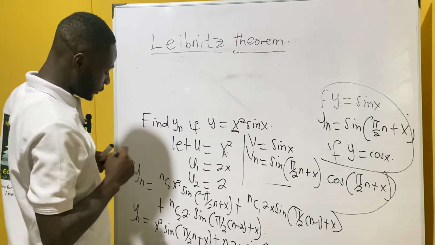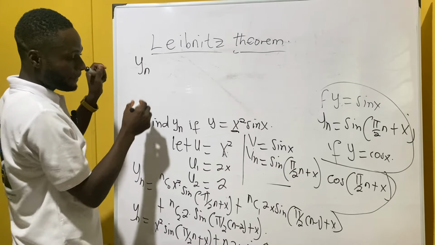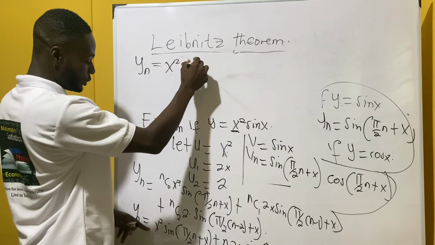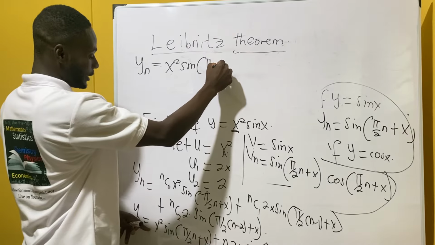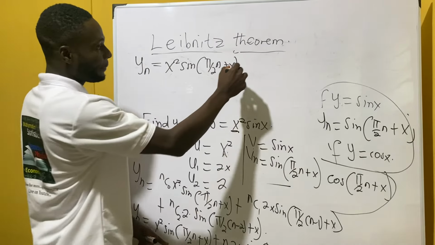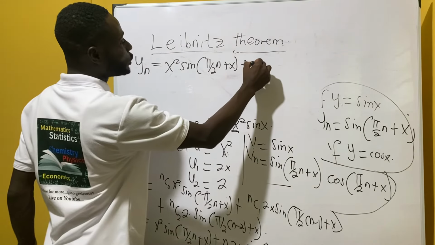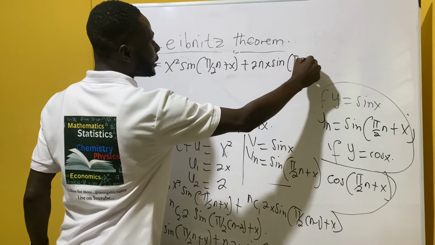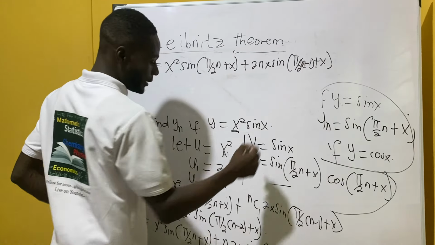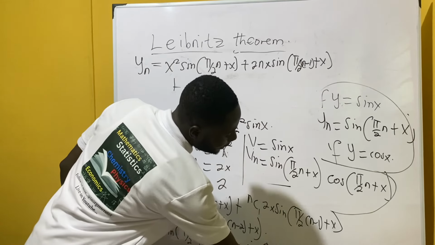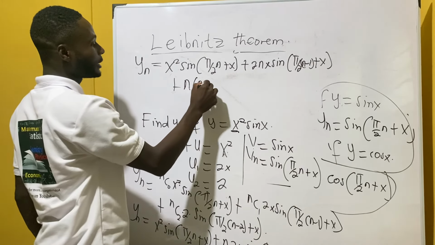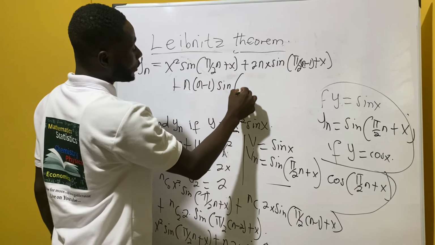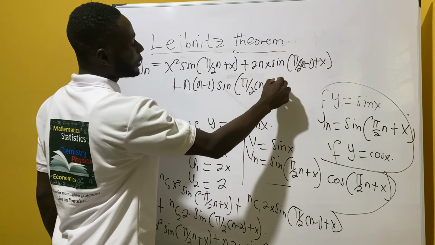So we have right here our solution. We are going to have y_n is equal to x squared sine of pi over 2 n plus x, plus this right here tends to 2nx sine of pi over 2 (n minus 1) plus x, then plus this right here cancels this, so we have n into n minus 1, then we have sine of pi over 2 (n minus 2) plus x.